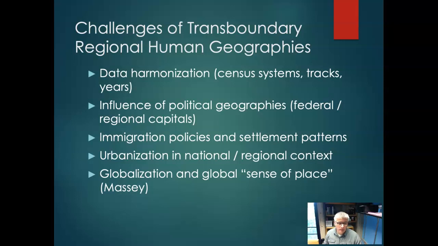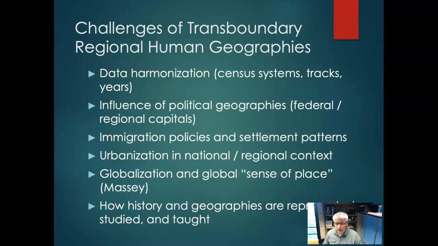And with that come differences of sense of place, so are you viewing this area as somebody who's new to the area, or have you been here for quite a while and you've developed that sense of place, and that influences how history and geographies are represented, studied, and taught.